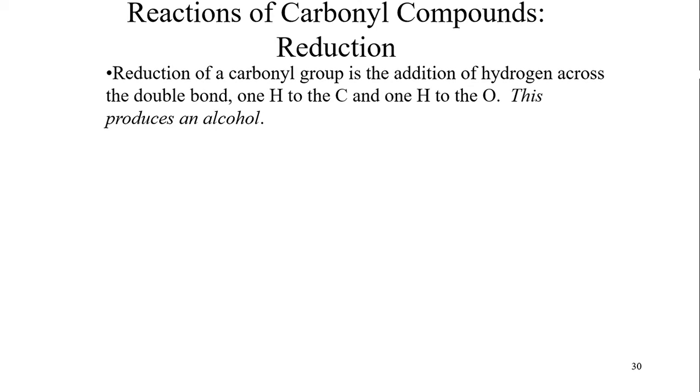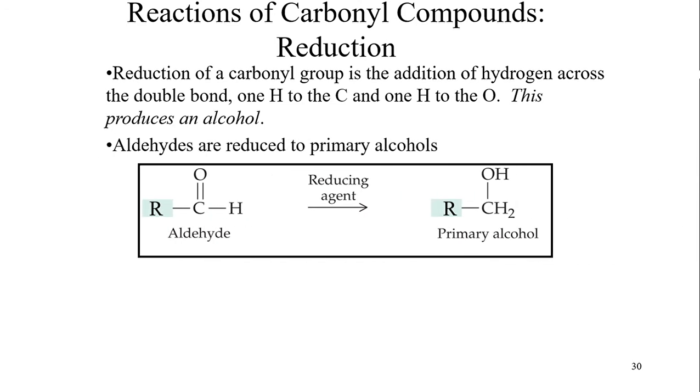One hydrogen goes to the carbon, the other hydrogen goes to the oxygen. In other words, the product is going to be an alcohol. So if you start with an aldehyde and bring two H's, one to the carbon and one to the oxygen, you end up with a primary alcohol.